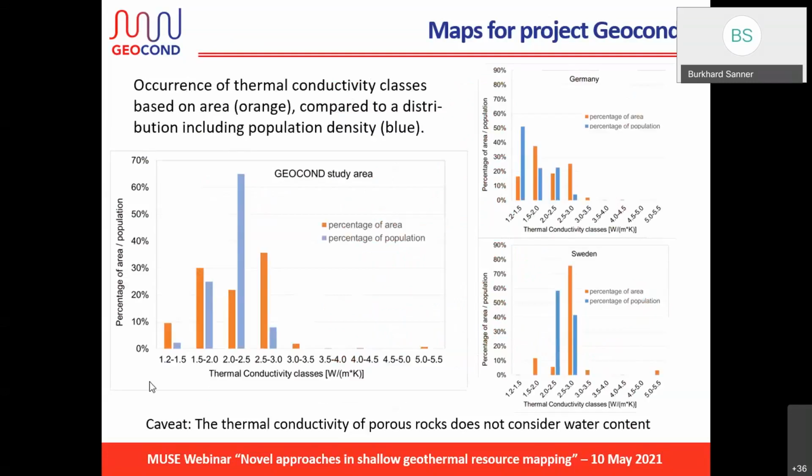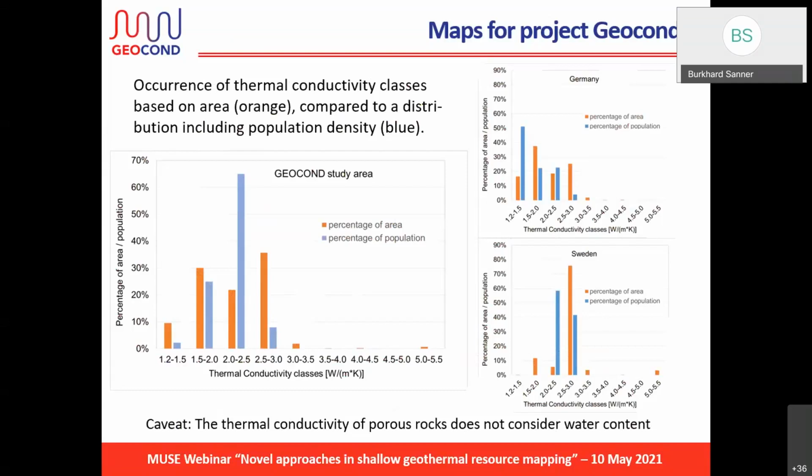As a result, if you are doing some statistics from that, look at the thermal conductivity classes. Each class is 0.5 watt per meter Kelvin. The orange, light brown columns give you the percentage of area. And when weighing that with the population, the light blue columns come out.